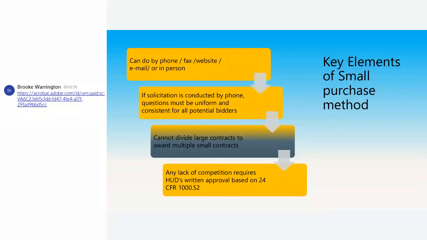Any lack of competition requires HUD's written approval. You cannot sole source, okay? They do not like it. I've heard people say, well, we just called it an emergency. You better be able to prove that it's an emergency, depending on what you are procuring there.